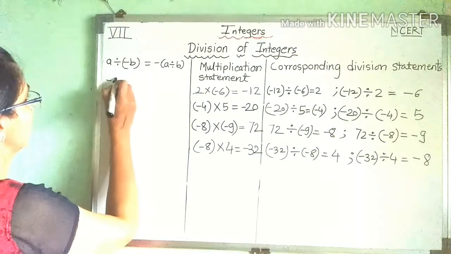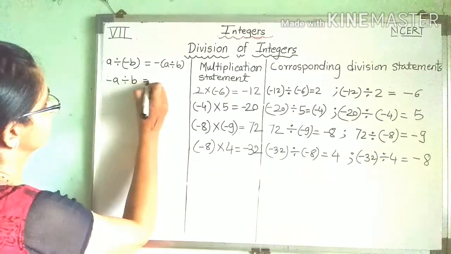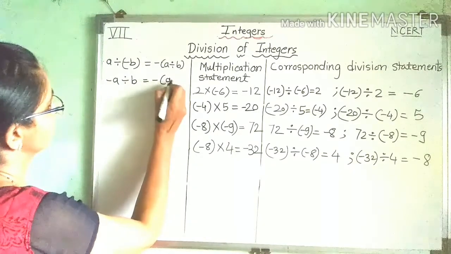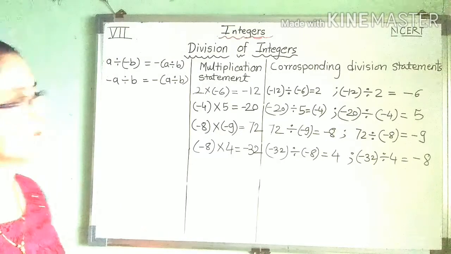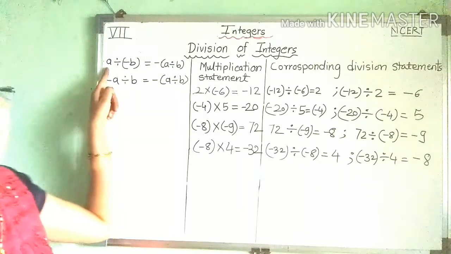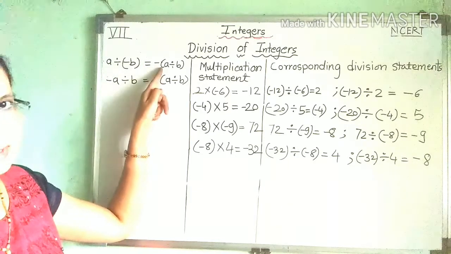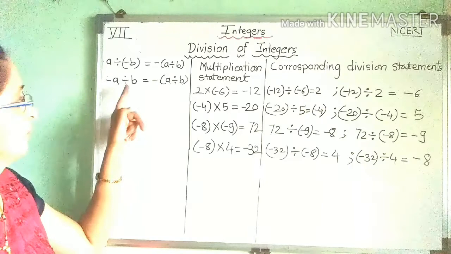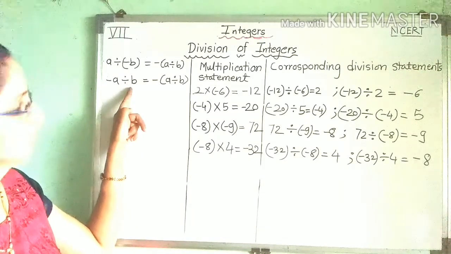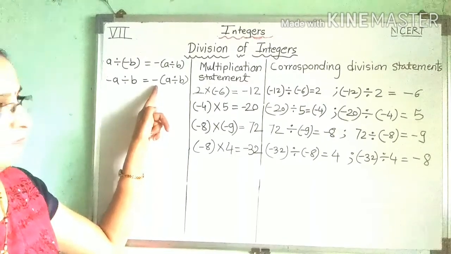Or minus a divided by b is also equal to minus a divided by b, meaning when the first integer is positive and the other is negative, the quotient is negative. When the first integer is negative and the second integer is positive, that time also the quotient is negative.